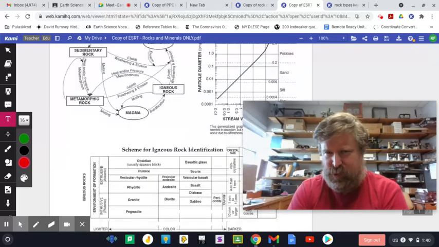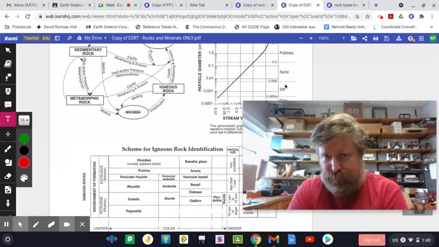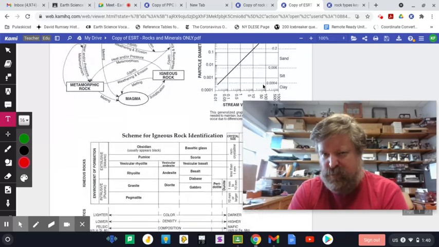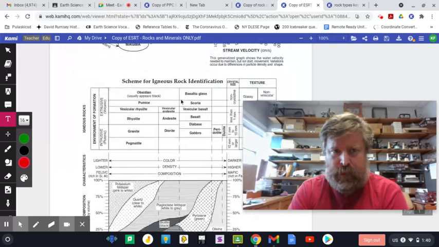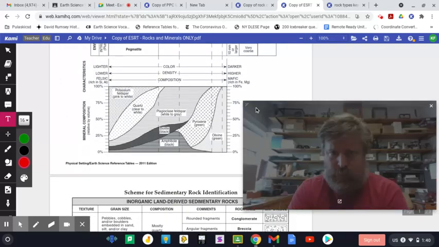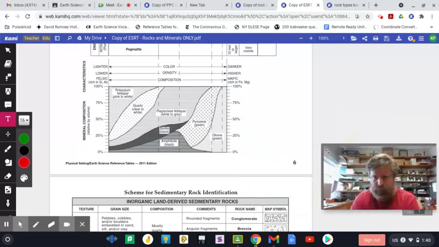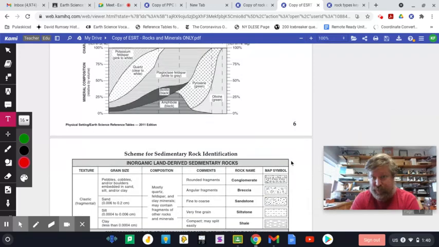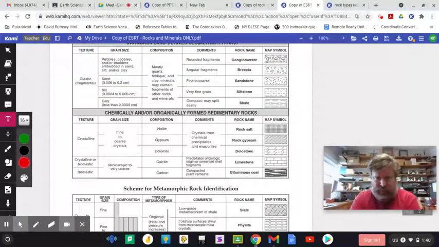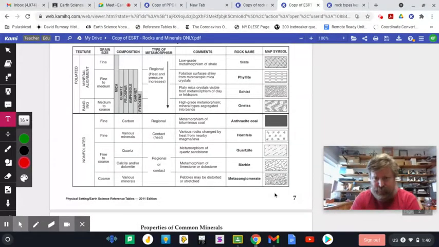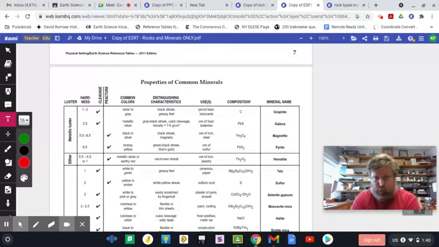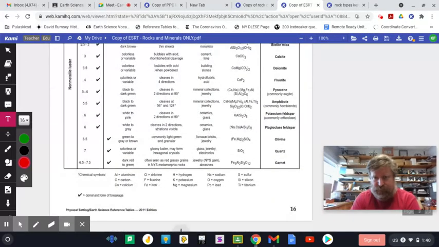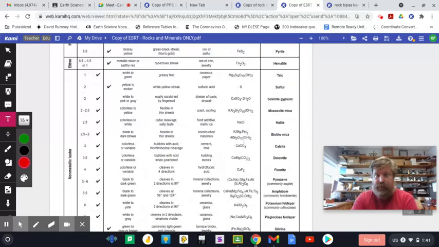Maybe it's not super handy, but boulders, cobbles, pebbles, sand, silt, clay as particle sizes still comes up a tiny bit. Then you've got igneous. That's page 6 of the tables. Again, I deleted 1 through 5. Then you've got the sedimentary table and the metamorphic table on page 7. And then I deleted a whole bunch more at the very back of the actual reference tables. Page 16, we'll talk about minerals.